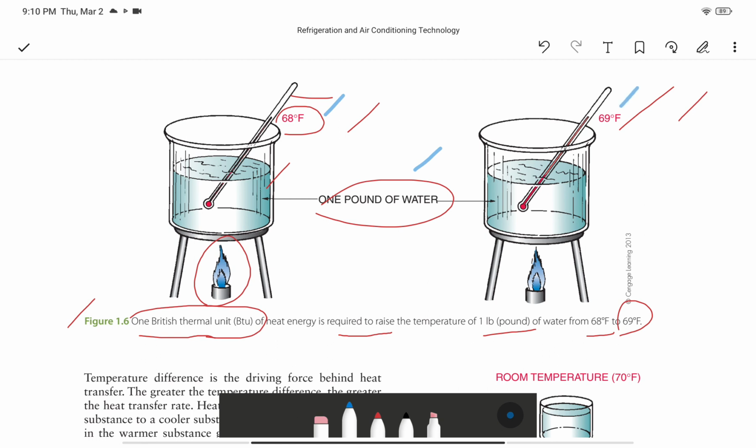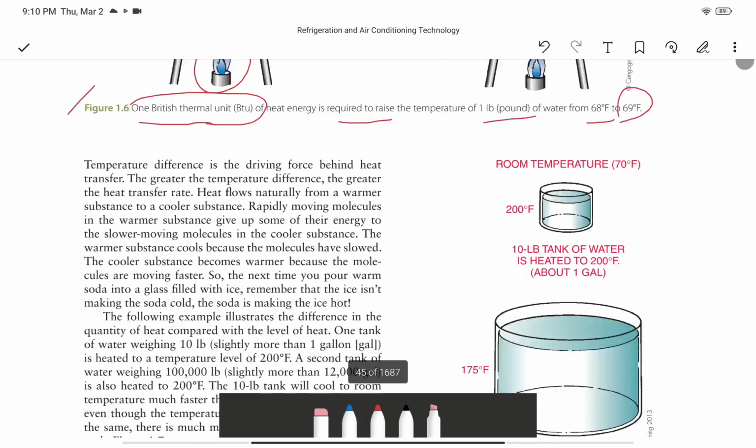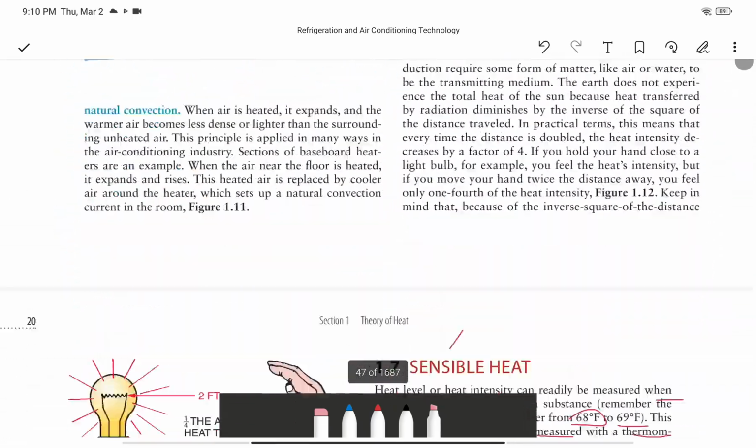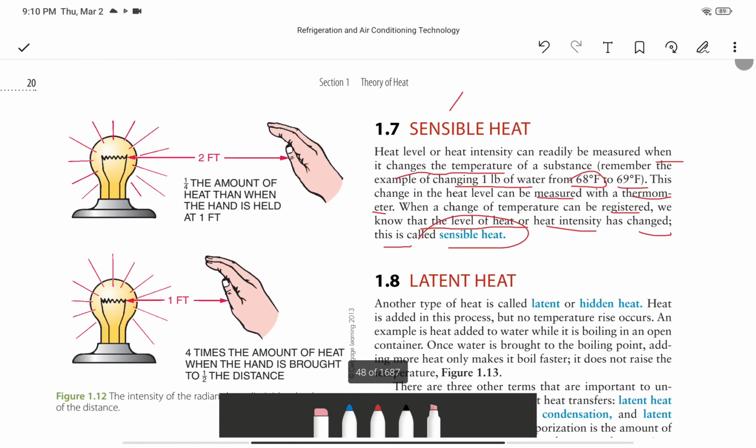So in other words, one British thermal unit is the heat needed to raise 1 degree Fahrenheit of 1 pound of water. So this is actually the sensible heat. In itself, it is the definition of sensible heat.